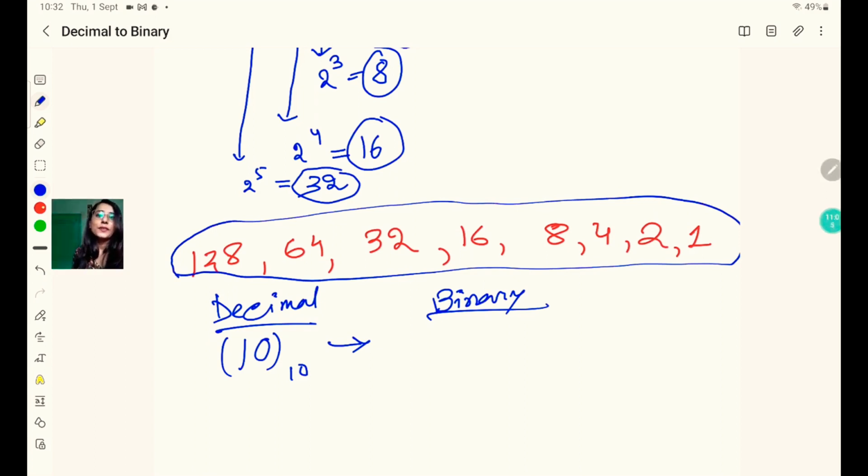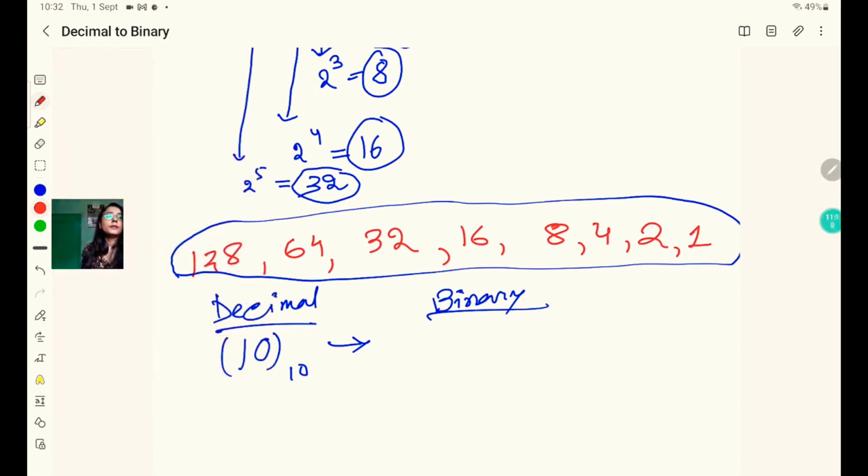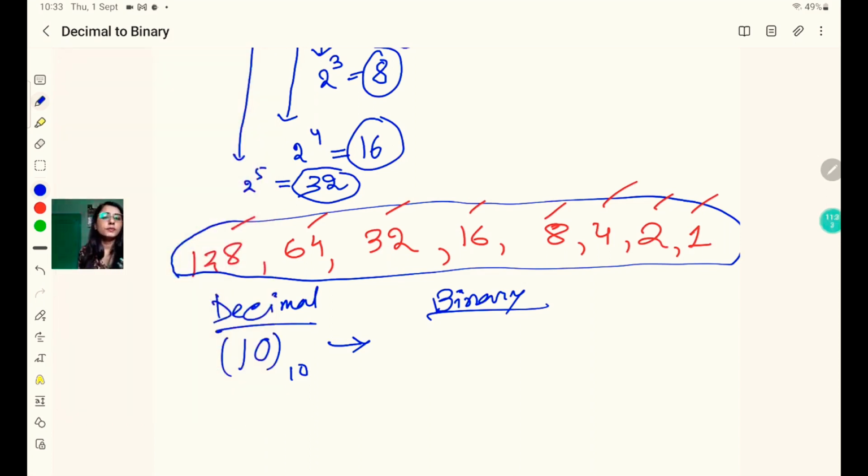We need to form a 10 by adding these numbers. Now you are wondering, how will we make 10 by adding these numbers? Well, don't worry, I am going to show you how. Here 10 means, by adding which of these numbers can you get a 10?